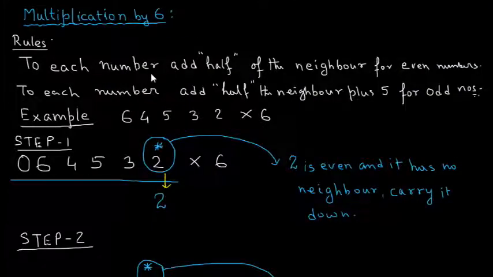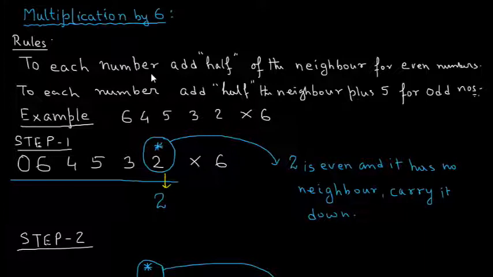Now we'll see the multiplication by 6. The rule is very easy. To each number add half of the neighbor. Neighbor means right hand neighbor. For each even number, add half the neighbor, and for each odd number, add half the neighbor plus 5. Very simple.